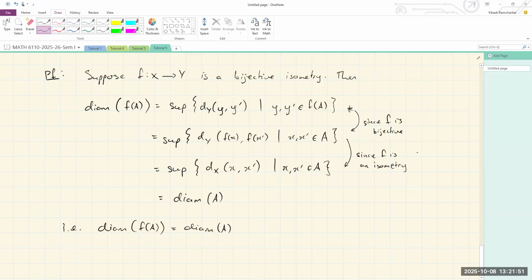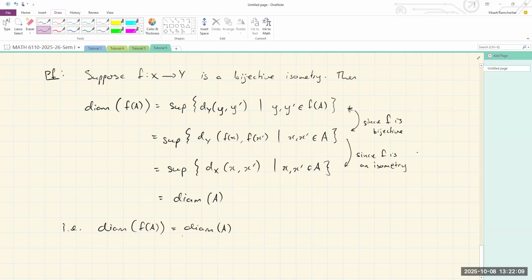Look at what we apply in each step. In the first step, we apply f is bijective. In the second step to the third step, we apply f is an isometry. So what we just showed there is that the diameter of the sets are preserved.